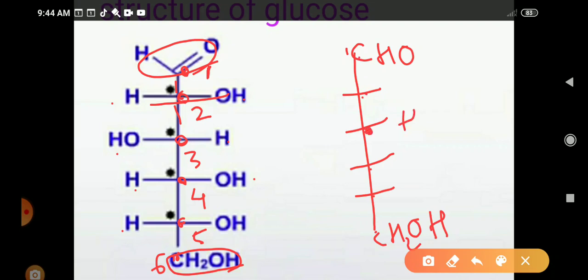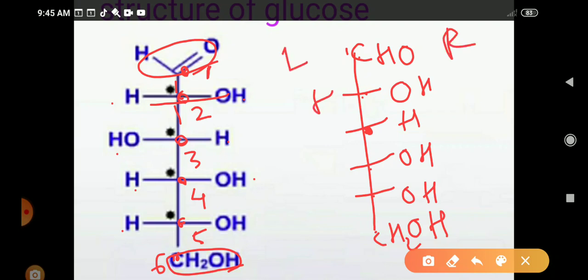On the third carbon, H is on the right side and all the others are OH. Now, if OH is on the right side, on the left side there will be H. H is on the right side, therefore OH on the left side. OH on this side, H will be here, OH here, H here. So this is the structure for the glucose molecule, the open chain structure of the glucose molecule.